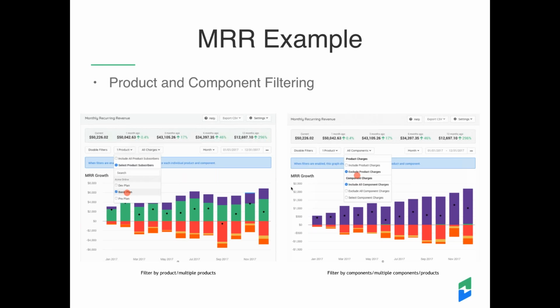In the image on the right, you'll see the component dropdown. This will allow you to filter by a single component, multiple components, and include or exclude the products that you filtered for as well. And these will allow you to create custom reports so you can analyze the data for your products and components.